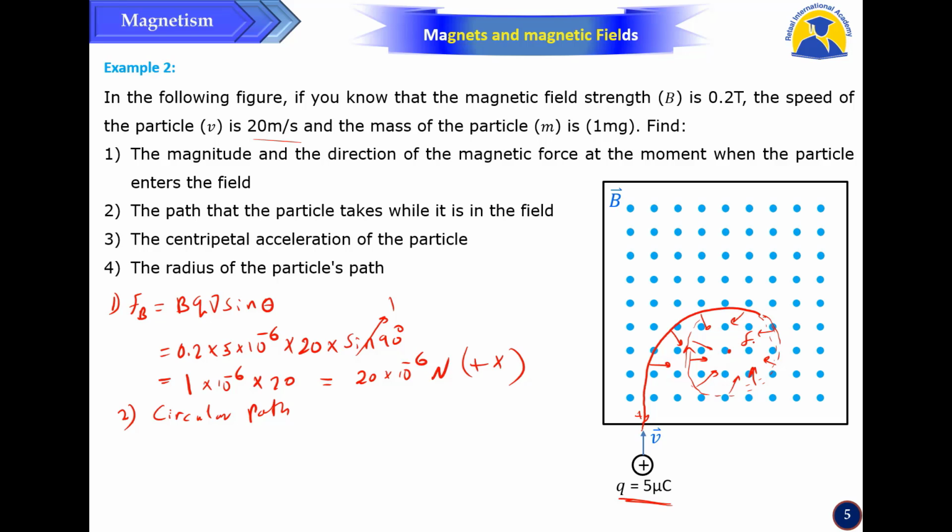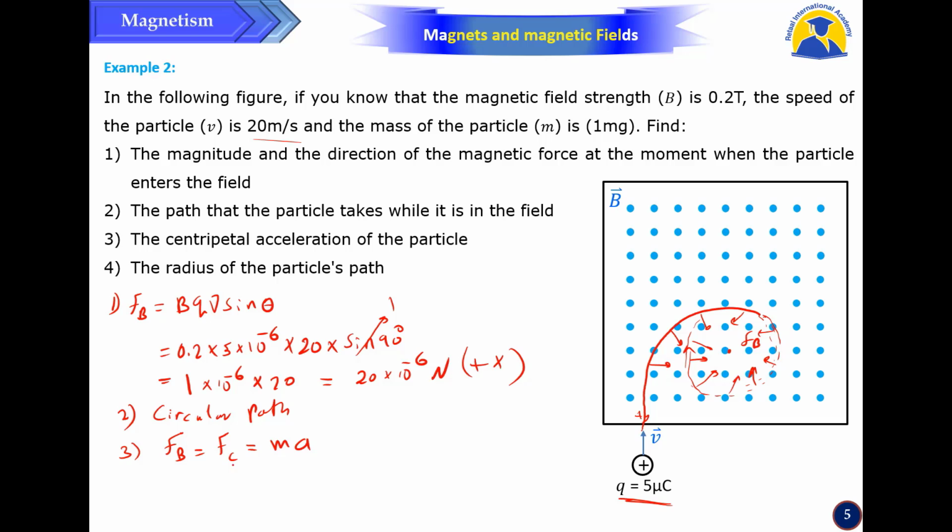So for this one, 3, we can say that FB is the same as FC. FC means centripetal force, which means in this situation, the magnetic force is the same as the centripetal force. Okay, from Newton's second law, we know that F equals MA.